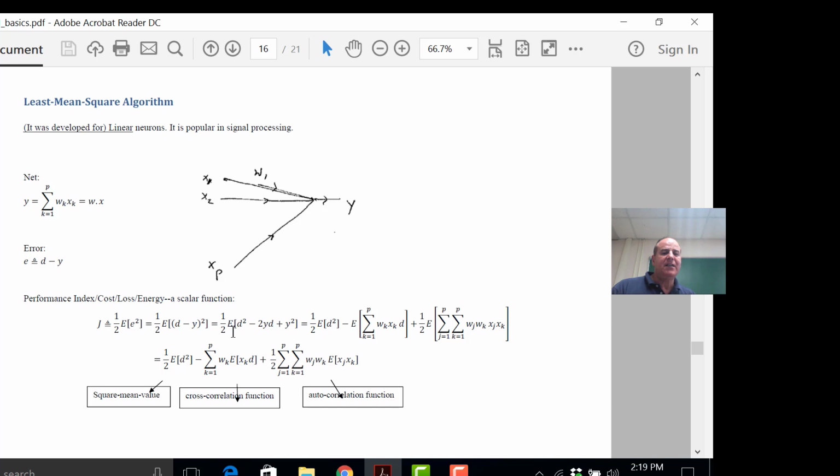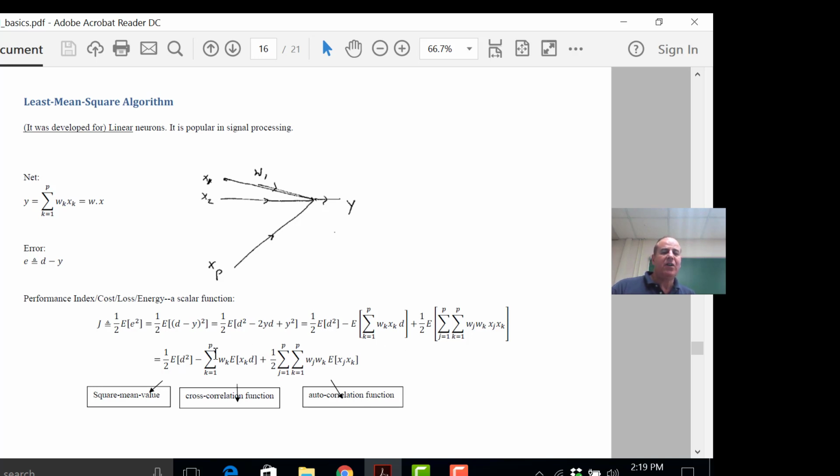You have a scalar d squared, and then this one will be 2dy. You just expand that. And keep in mind that the expectation operator is just a linear operator. You just walk through this summation, and you need the expected value of each one of those terms.